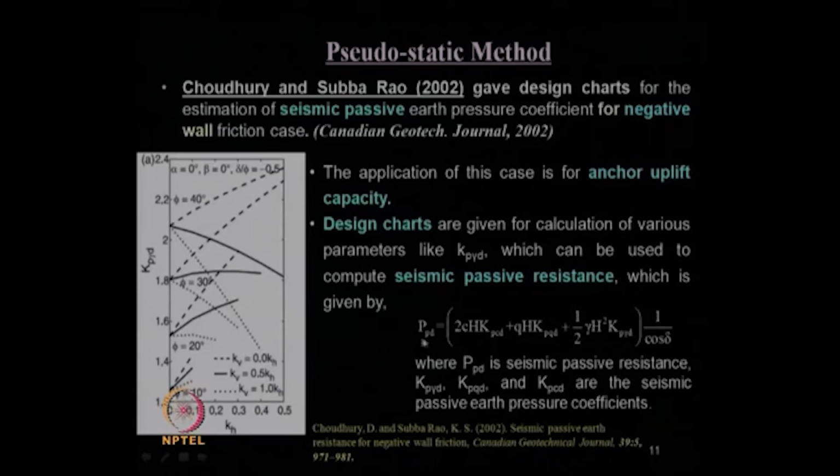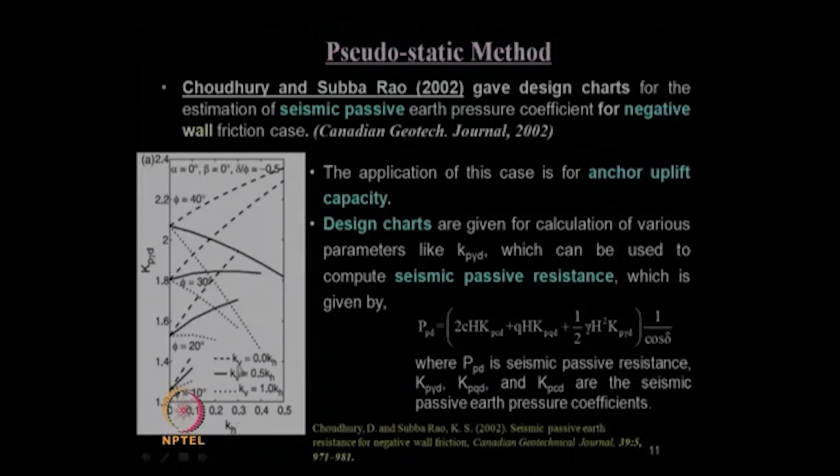Then the total seismic passive resistance can be computed using this expression, and each of these K values is nothing but the seismic passive earth pressure coefficient with respect to cohesion, surcharge and unit weight.